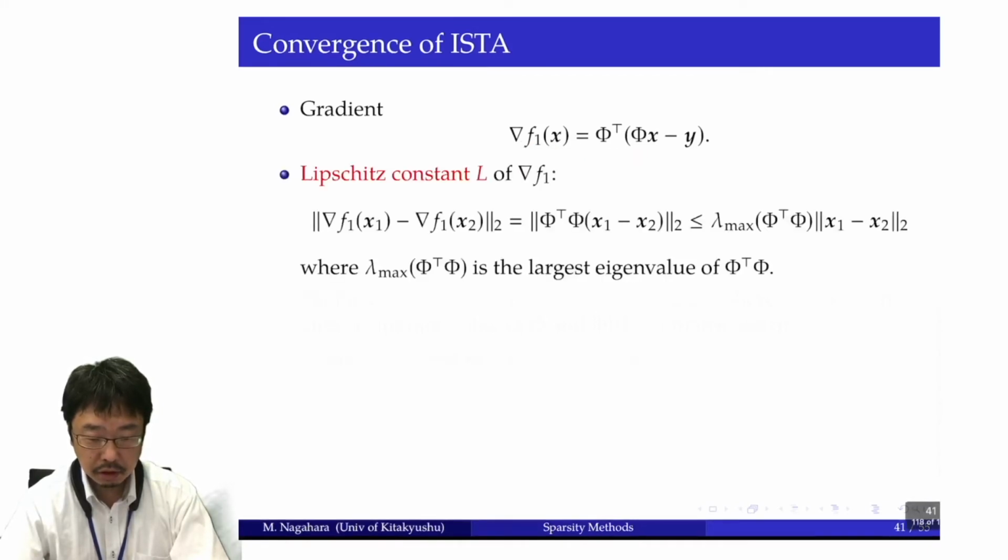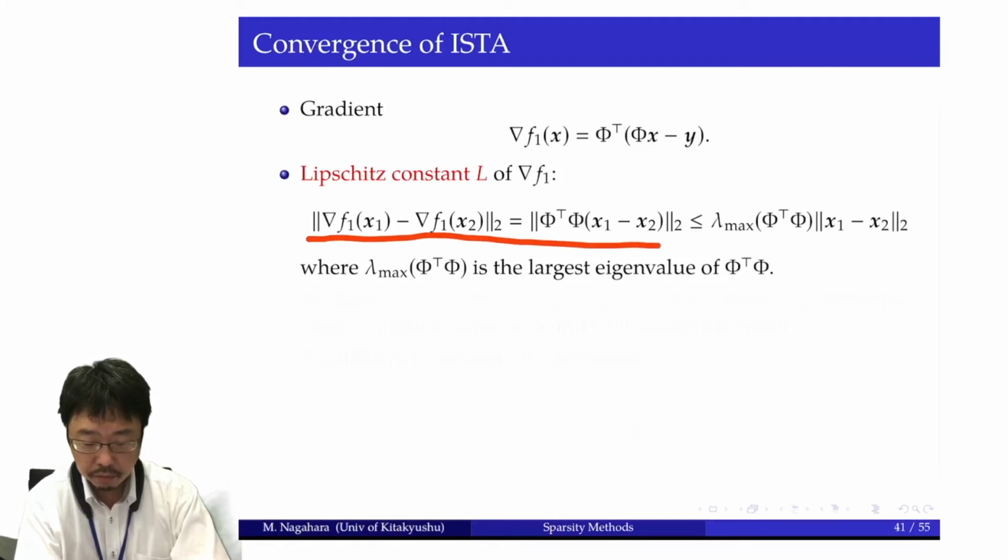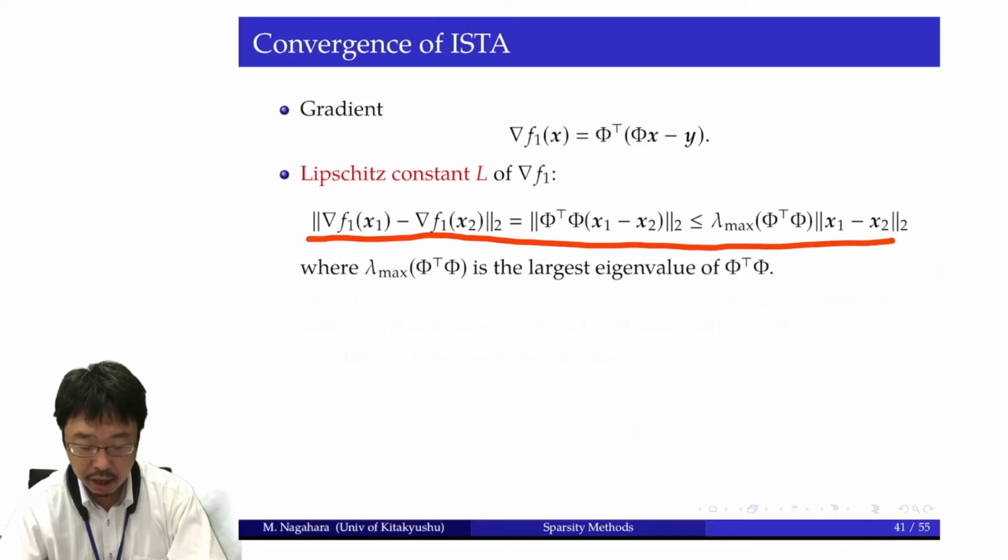Then the Lipschitz constant L of nabla f1 is obtained as follows. We have this inequality, where lambda max of phi transpose phi is the largest eigenvalue of phi transpose phi.